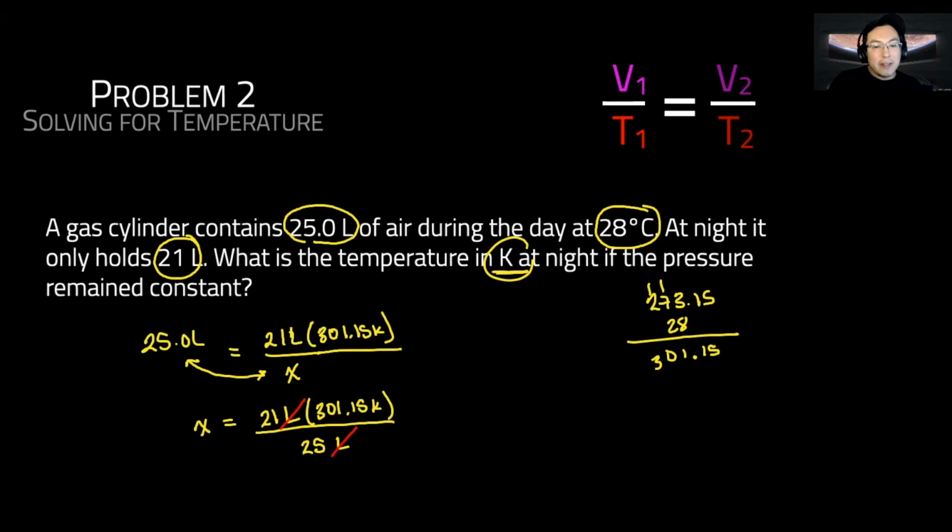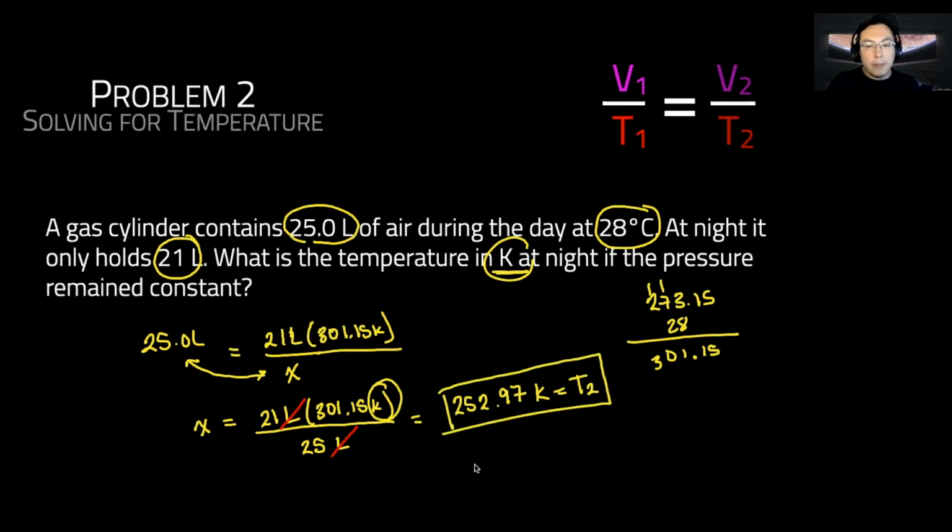We cancel the liters and we remain only with Kelvin. After you do the math, you will get 252.97 Kelvin. Notice that the unit left over is Kelvin. So this is going to be our final temperature.